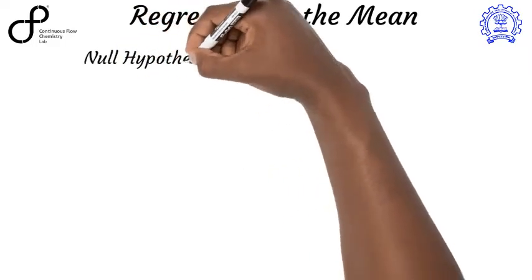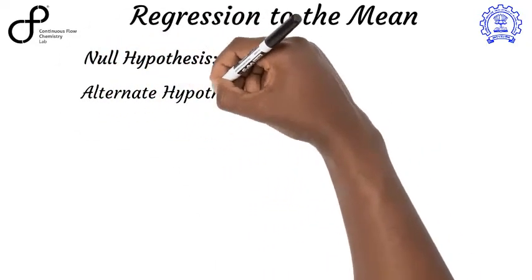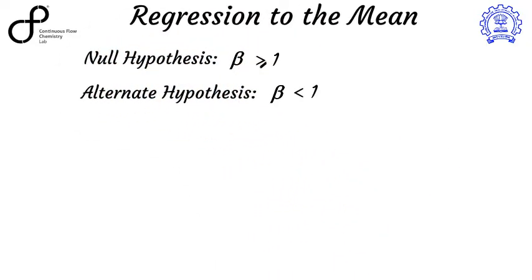In order to prove regression towards the mean, we assume our null hypothesis to be that beta is more than or equal to 1. Our alternate hypothesis will be that it is less than 1. I am sure you all know why we did not consider the null hypothesis to be that beta is less than 1.